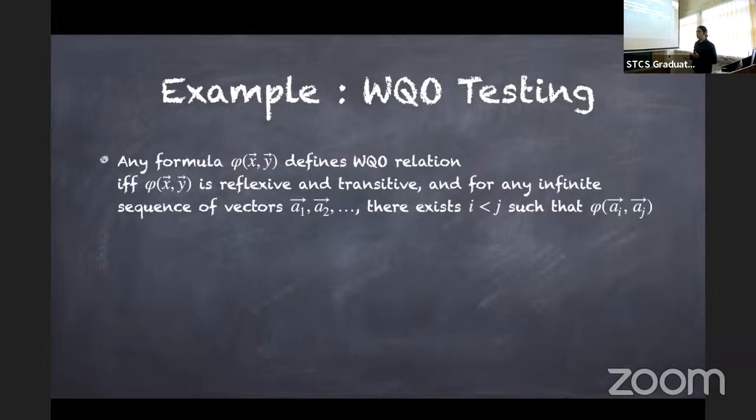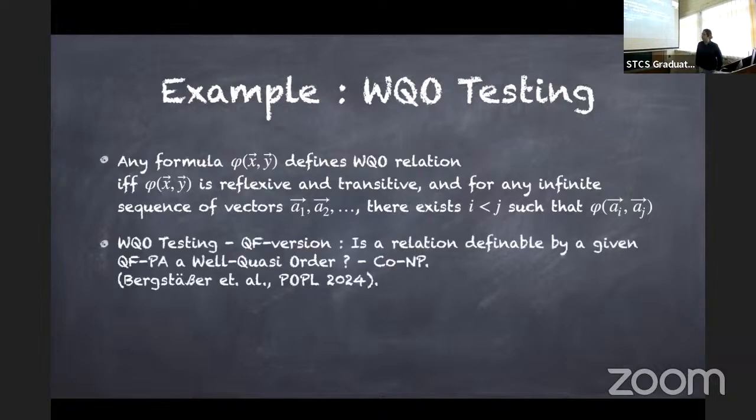This is of paramount importance to the verification of infinite state systems, because you can automatically check whether certain infinite state systems are so-called well-structured transition systems, and we know that reachability for such systems is decidable.